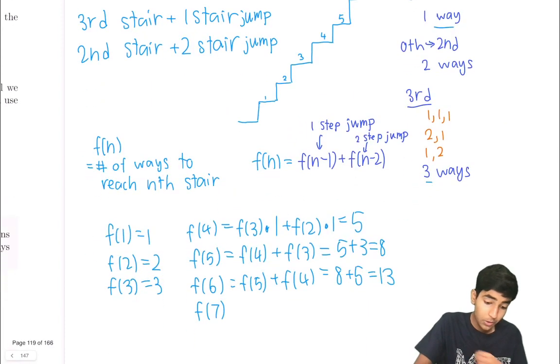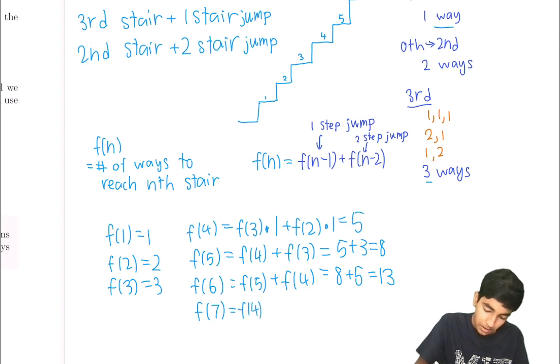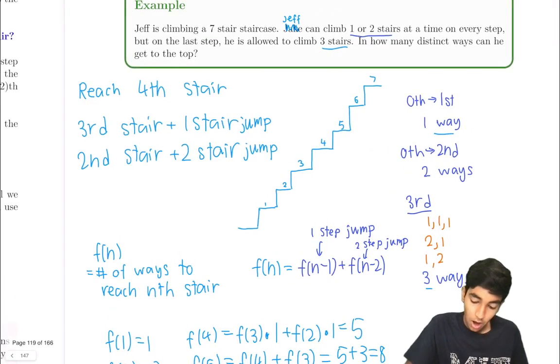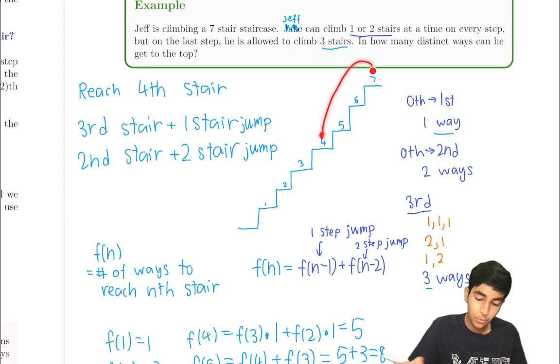So now we would actually have f of 7 equals f of 4 plus f of 5 plus f of 6. Why? Because on the last step, he can take a 3-stair hop.